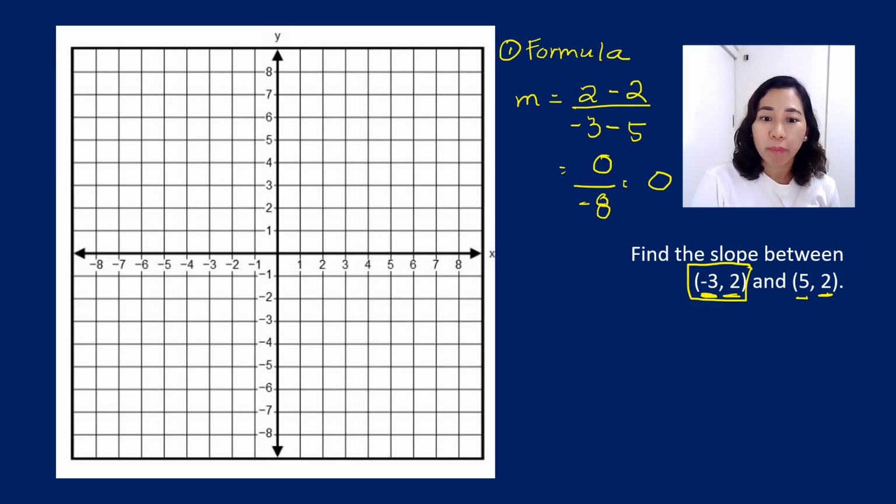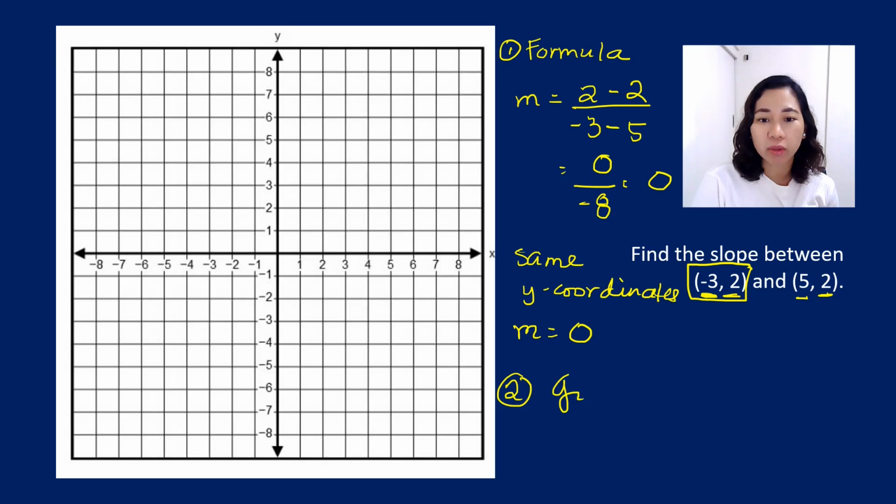Now, my point there is that in general, this always happens when you have the same y-coordinate. The slope will be equal to 0. How will it look graphically? So, graph. Let us plot the points.